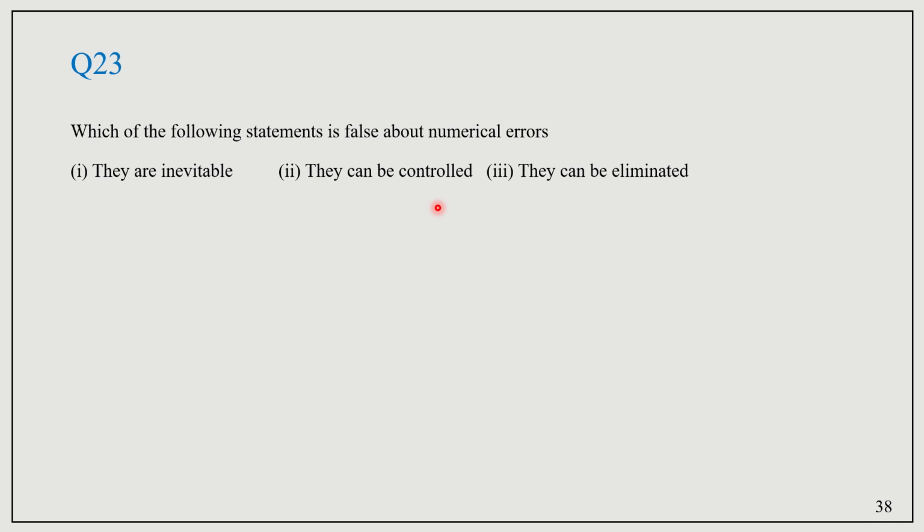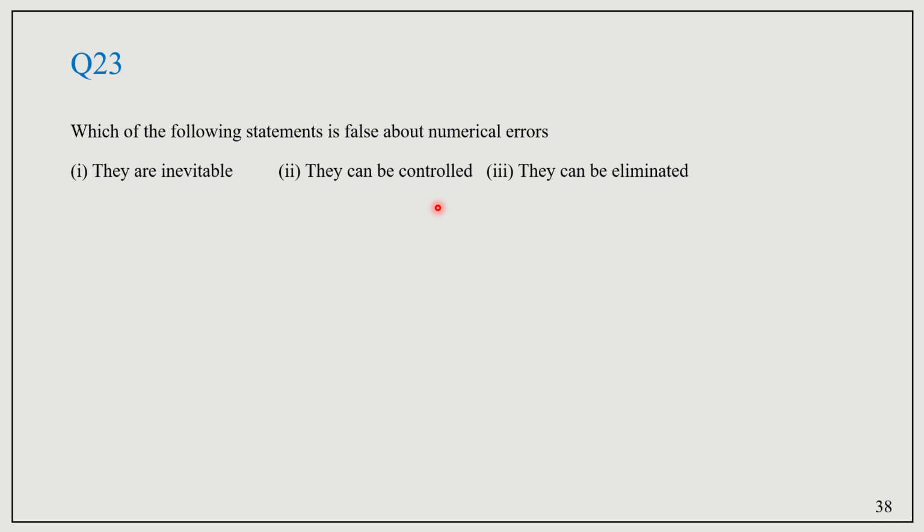This is false because we cannot do anything to eliminate those errors. We are simplifying the partial differential equation into linear algebraic equations through numerical schemes, and when we are using Taylor series schemes, we are not using all the terms. We are just taking a few terms and neglecting the other terms, like first order, second order.